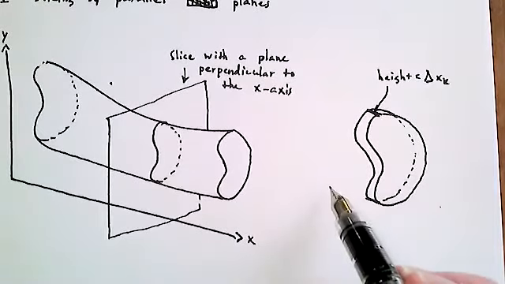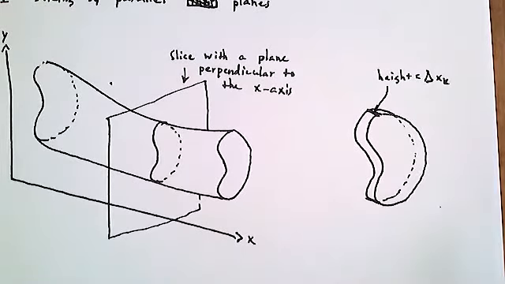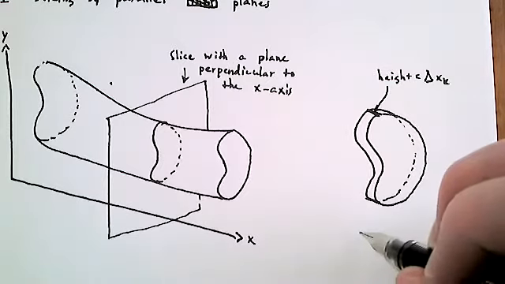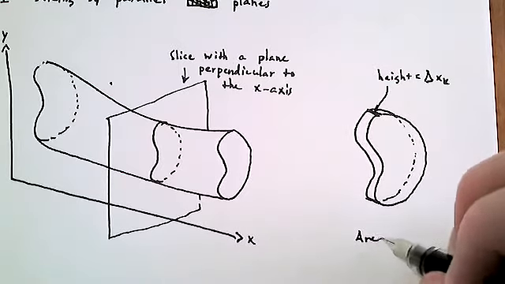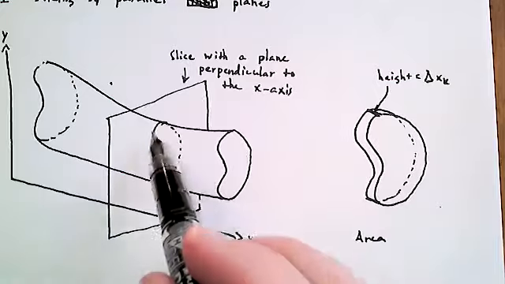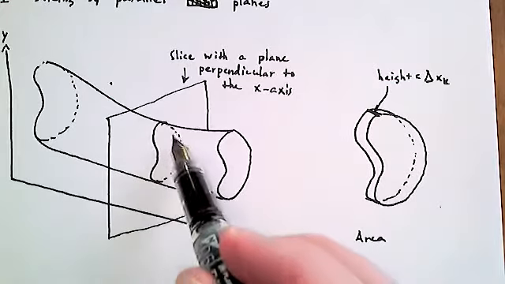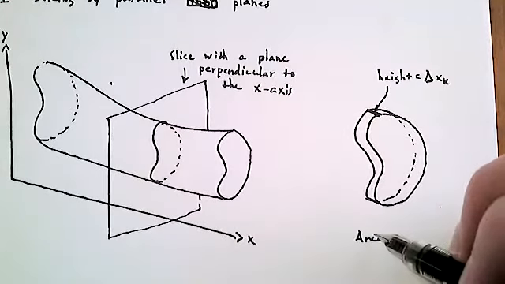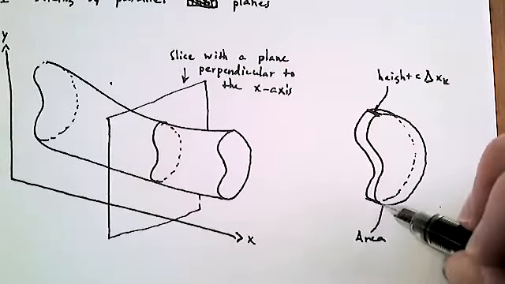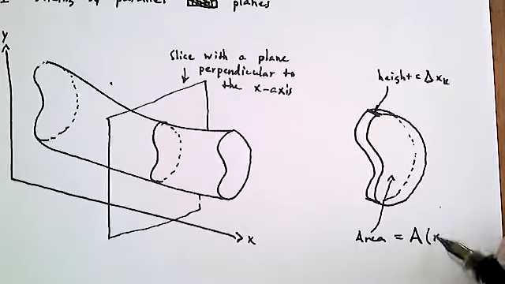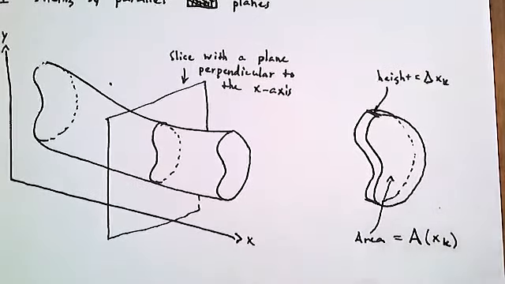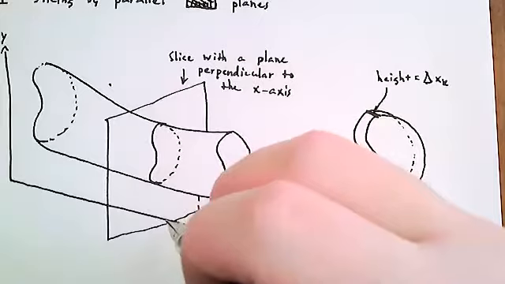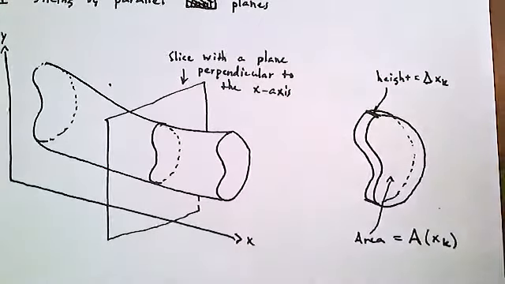And then we also need to talk about the area of the surface. So where my plane has made the slice, we get an area. And I'm just going to represent this with a function, A, at this particular point. So this is where my slice is, at x_k. Where should I draw it here?